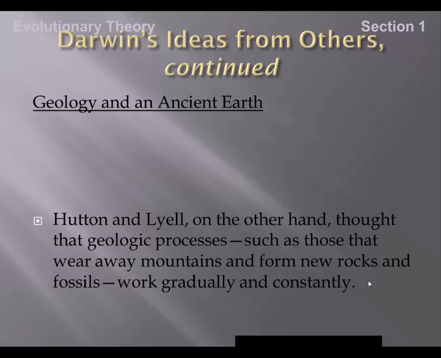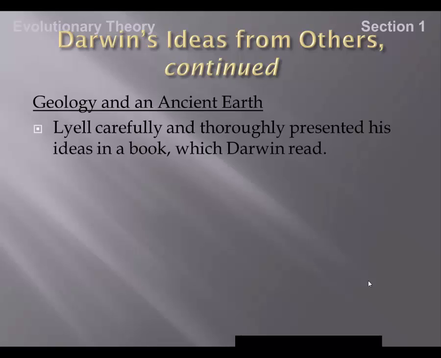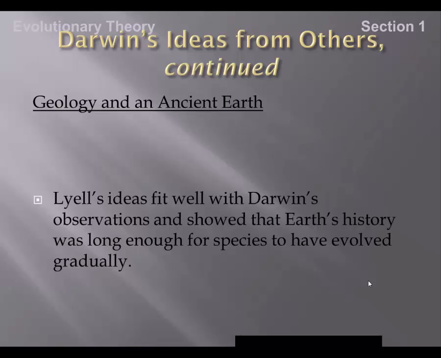Hutton and Lyell, on the other hand, thought that geologic processes such as those that wear away mountains and form new rocks and fossils work gradually and constantly. So Lyell carefully and thoroughly presented his ideas in a book that Darwin read.